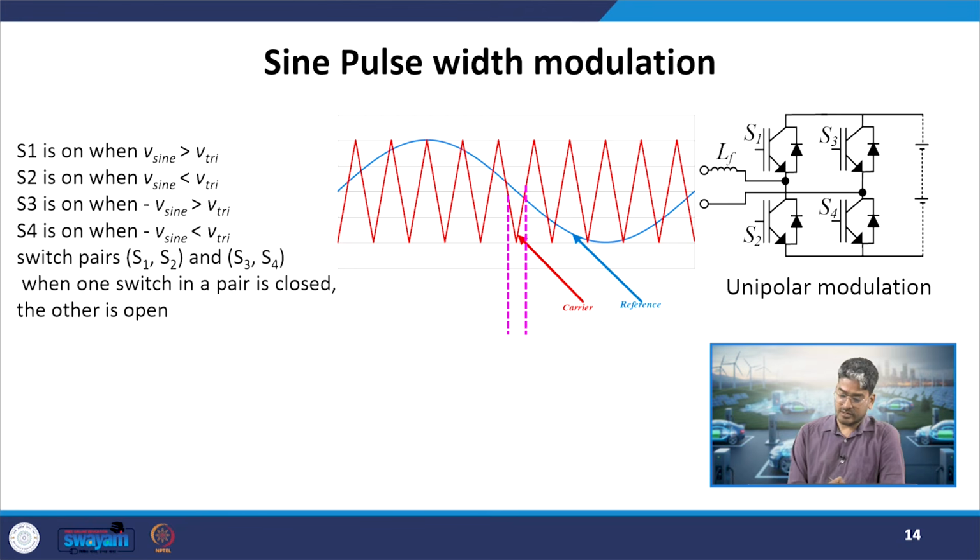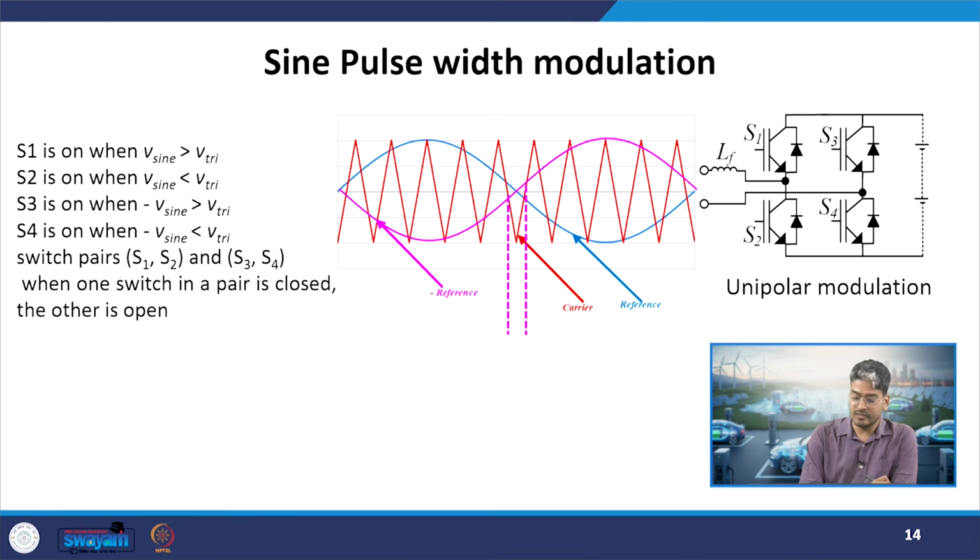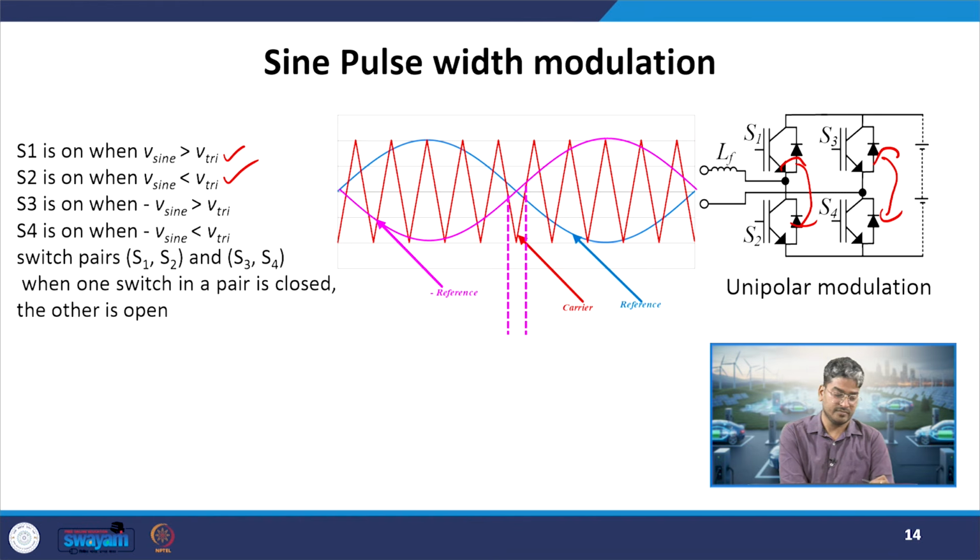So, in this case we will not consider the switch 1 and 4 as the pairs, but we will have two reference signals. Instead of one reference signal, we will have two reference signals, one reference for each of the legs. Here we will operate switch 1 and 2, that is the devices in leg 1, as one pair, and we will operate switch 3 and 4 as the other pair. Okay.